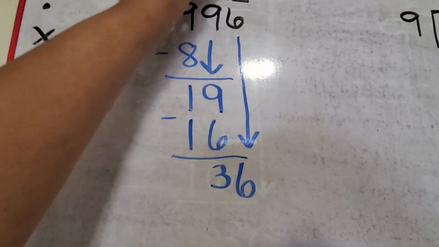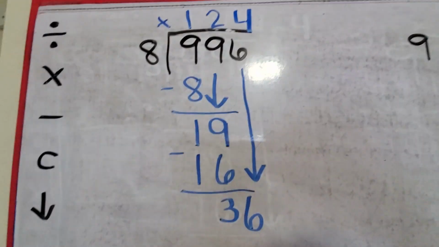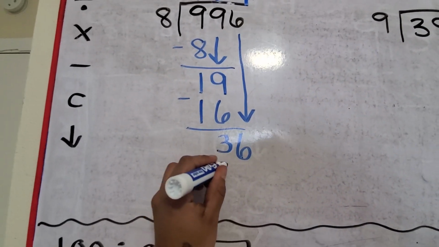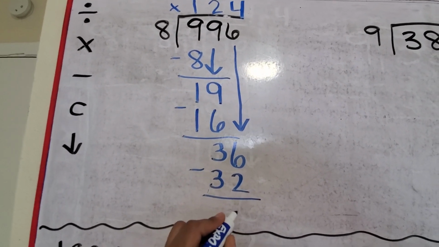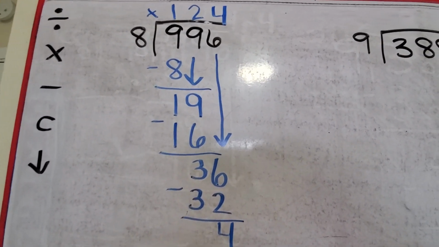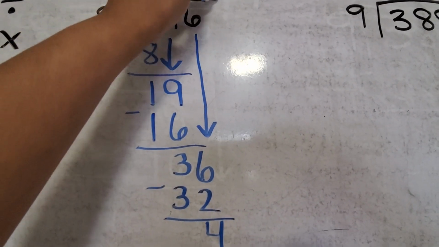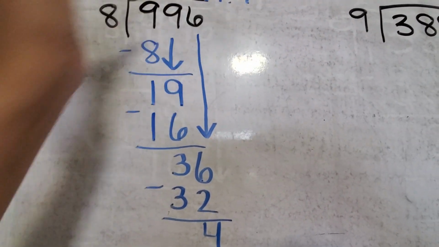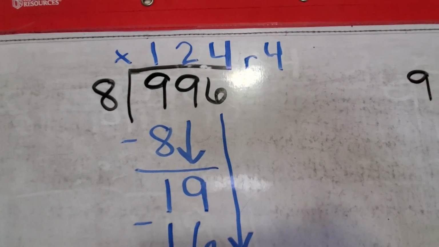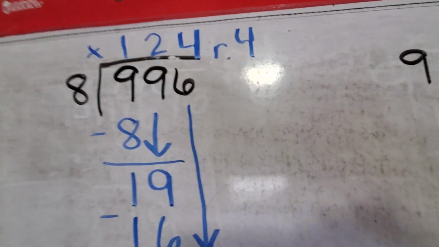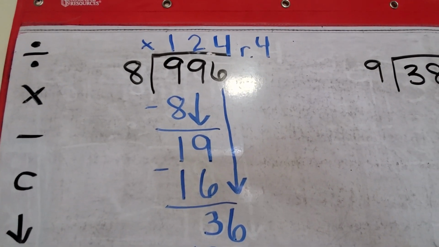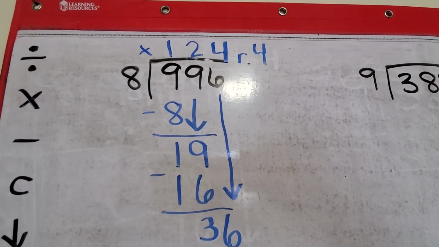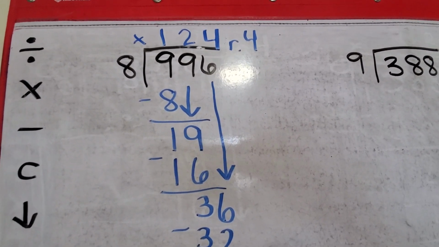So 8 times 4 is 32. And 36 minus 32 equals 4. So I have a remainder of 4. We put a lowercase r with the period, 4. So 996 divided by 8 equals 124 with a remainder of 4.